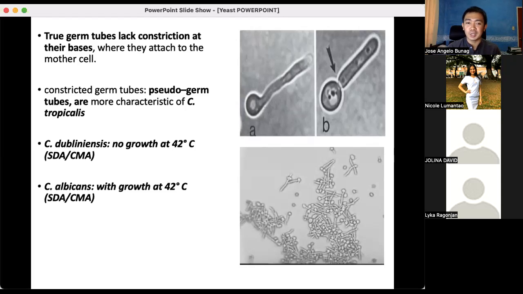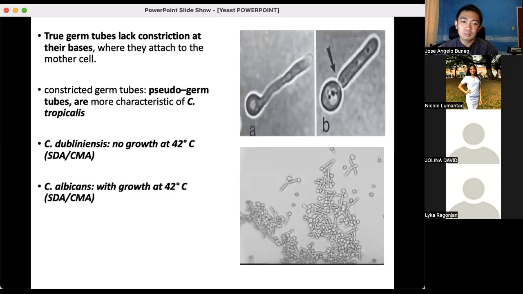Tsaka kayo kumuha ng colony from the agar plate and then transfer that to your serum in the test tube. And the colony is suspended in the serum. So the test tube is ready for incubation at 37 degrees Celsius for 2 to 3 hours.